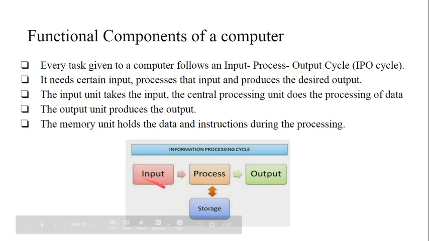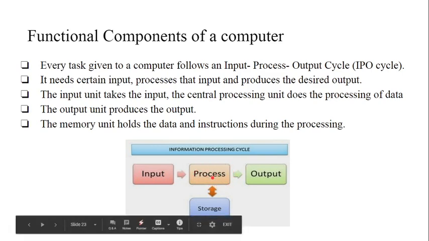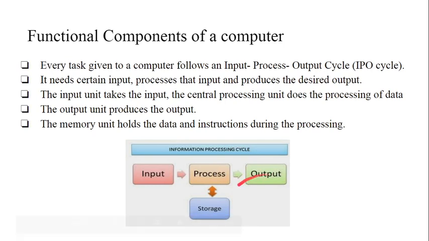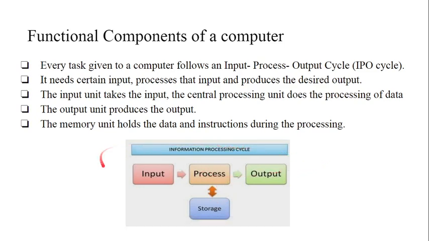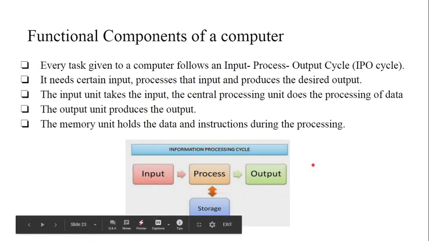The input unit takes the input and the central processing unit does the processing and the output unit produces the output, and the memory unit or the storage unit holds the data and instructions during the processing. This is called IPO cycle.